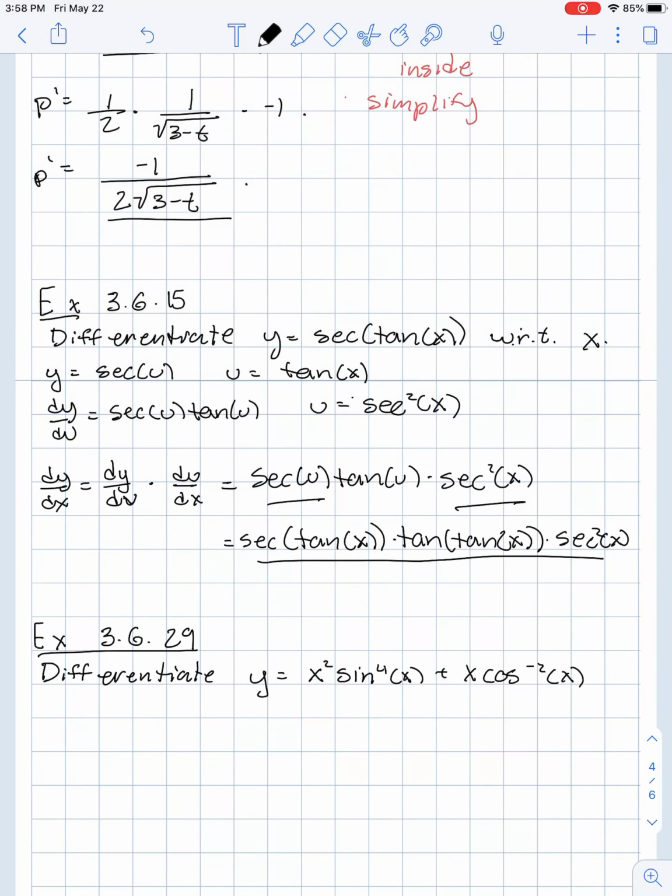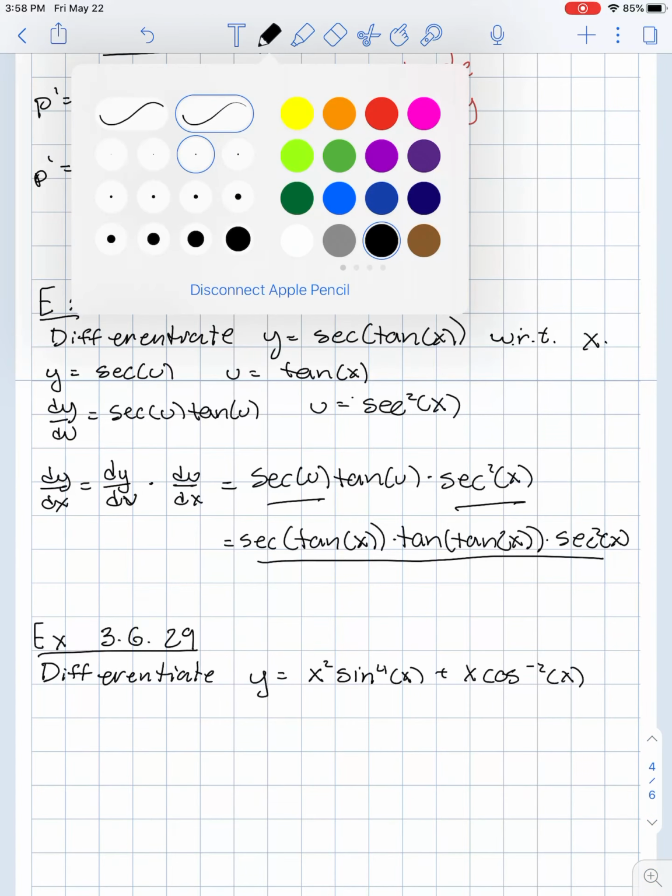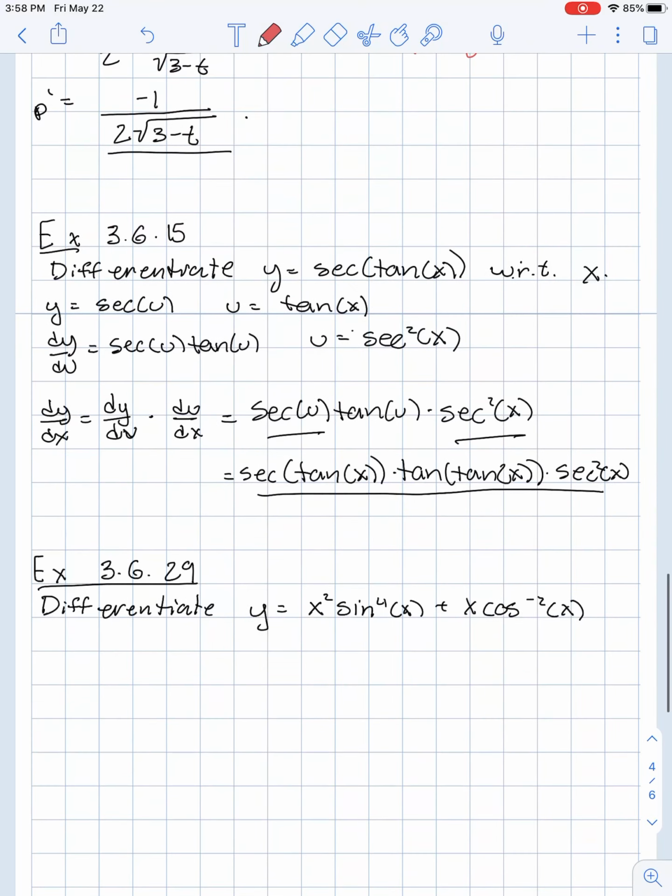So first thing I'm going to do is I'm going to rewrite this. Let's do it right. I'm going to rewrite y to see my inside and outside functions.